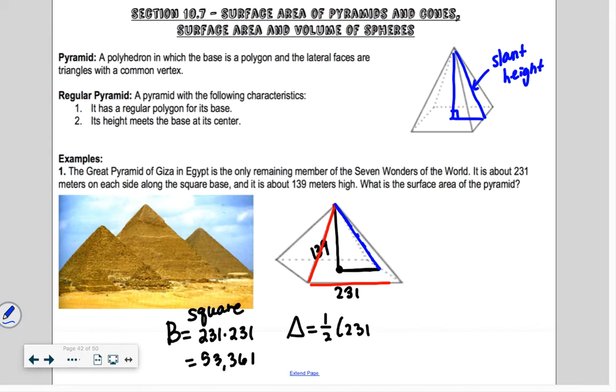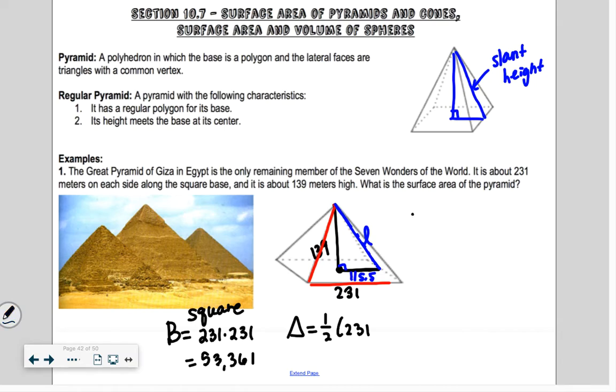So 231 was the whole side, so I have to divide it by 2. 231 divided by 2 is 115.5, and we call the slant height L. I guess because the second letter in slant is an L. I don't know why.